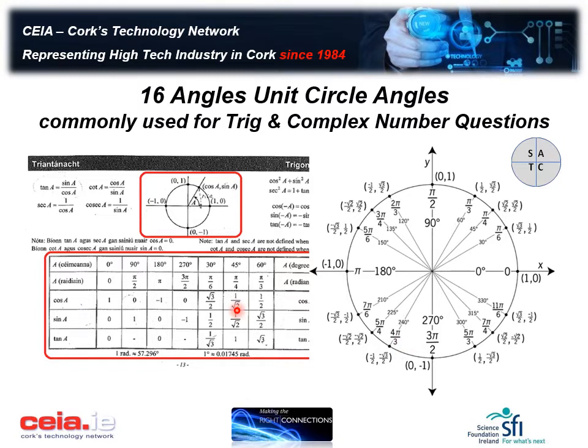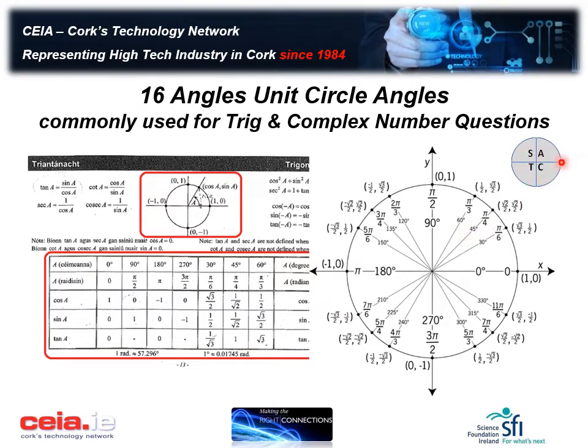So cosine and sine of 5 pi over 4 would be minus 1 over root 2 and minus 1 over root 2. And you remember we have this, I don't know if you use ACTS or CAST, to help us remember which of cosine, sine, tan are positive in which quadrant.